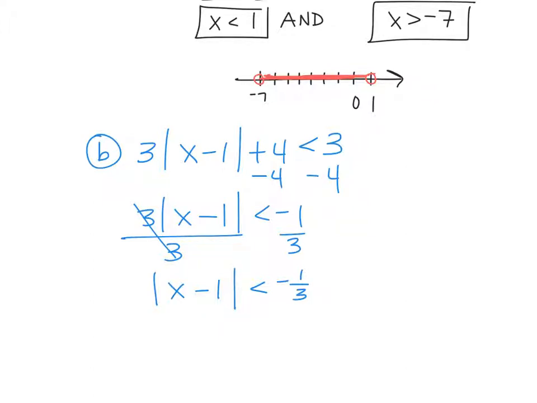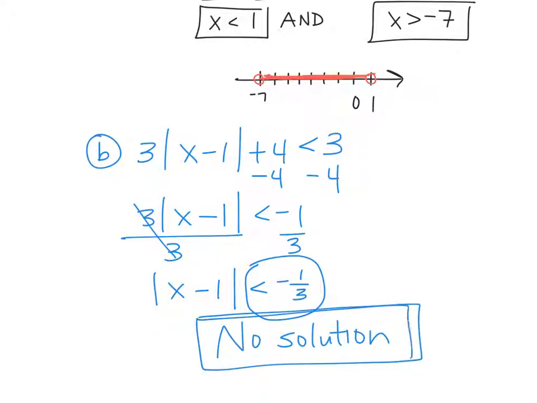Absolute value being less than a negative number. Problem? Yeah. Problem, impossible, right? There is no solution here. So when you get to this point, absolute value has to be positive. So if we're saying we're less than something that's negative, there is no solution. Okay? Be careful with that.